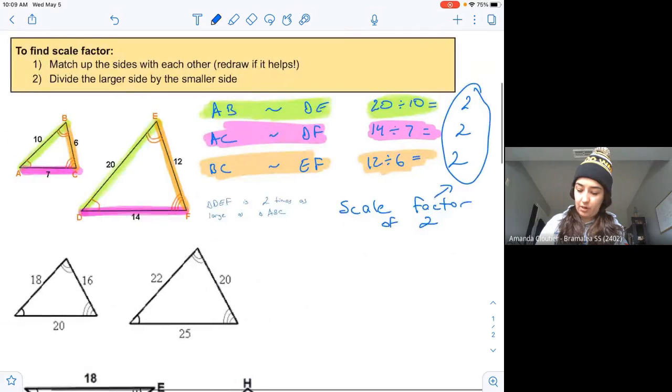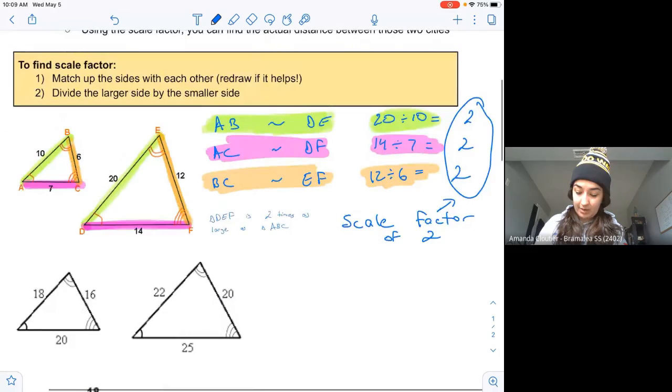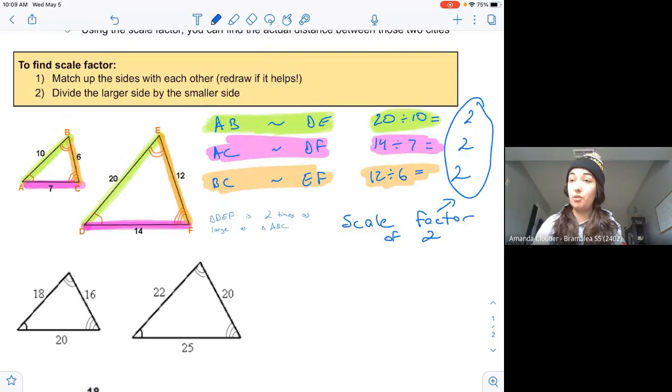Let's go down to our second example here. What I'm going to challenge you to do is everything that we just did, on your own. Then there's a third example that we are going to do together. So first, step number 1, match up the sides with each other.